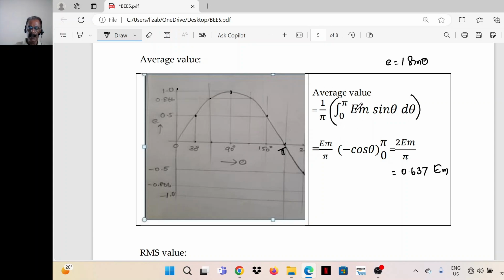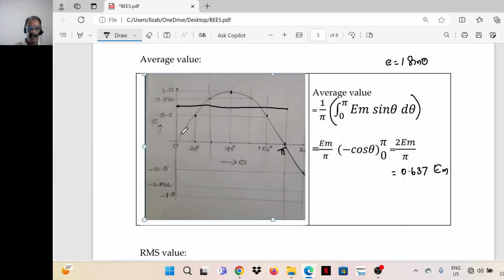So simplifying, it is Em divided by pi into integral of sin theta, which is minus cos theta. Substituting the limits pi and 0, we get 2 Em by pi, or 0.637 Em. So somewhere here you can mark 0.637. This is the average value.